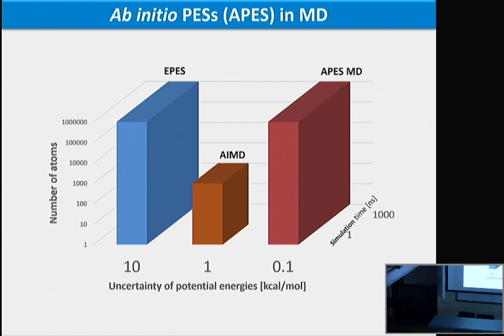If you have our potential and do MD with this, basically you are in the same range, because the potentials are not very different. So MD is almost the same, maybe a factor of 5 more time consuming, but what is a factor of 5? But accuracy can easily be 0.1 kcal per mole.